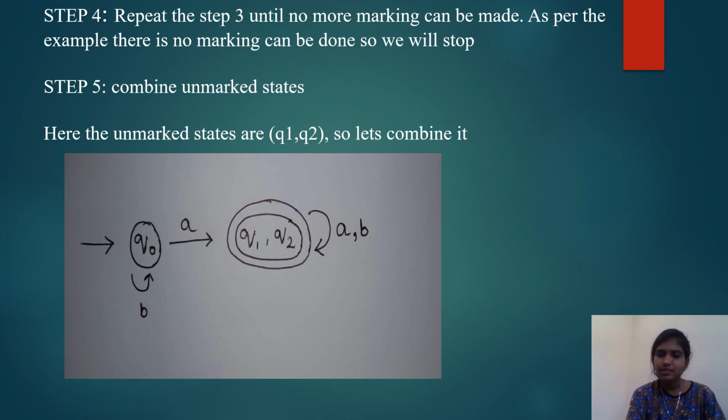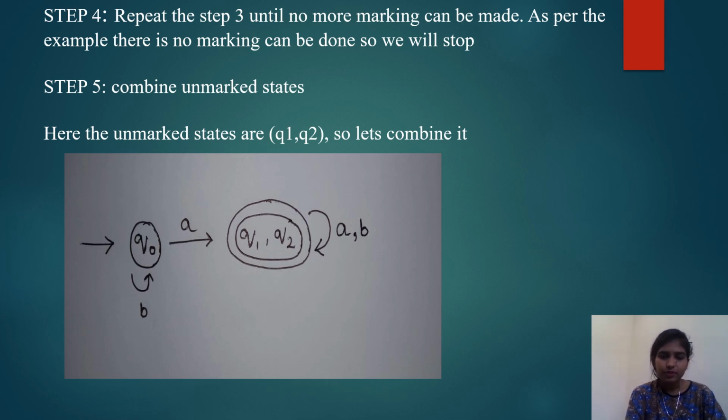Step 5: As I told you before, repeat step 4 until no change in partition occurs. In other words, when we find Pk is equal to Pk-1, stop. Step 6: All those states which belong to the same set are equivalent, and the set of equivalent states are merged to form the minimized DFA.